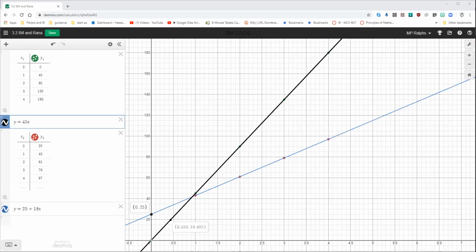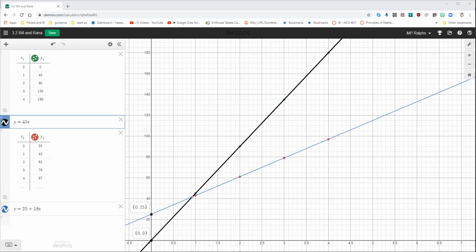If we look at Rana's, her y-intercept is actually (0, 0). It goes right through the origin.